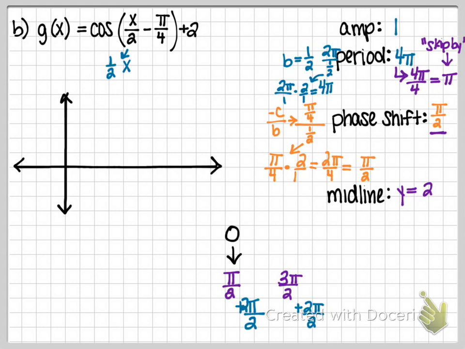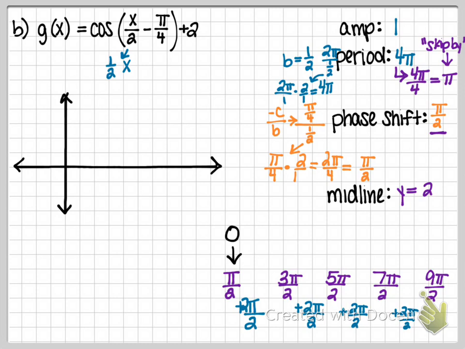So 3 pi over 2 plus 2 pi over 2 gives me 5 pi over 2. Add pi again as 2 pi over 2, and I end up with 7 pi over 2. Add another 2 pi over 2, so just plain old pi, and I'll end up with 9 pi over 2.